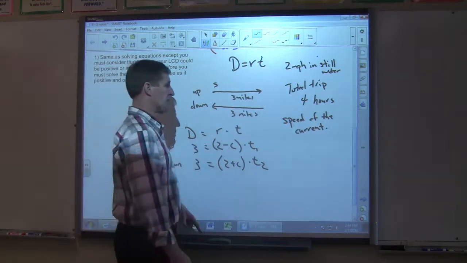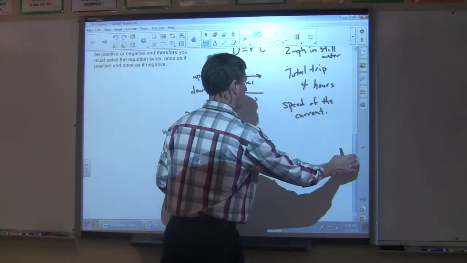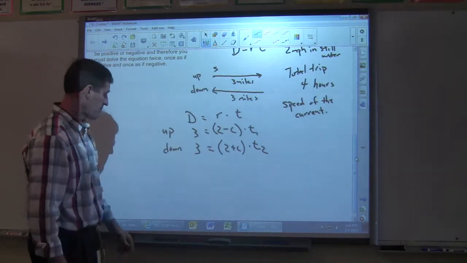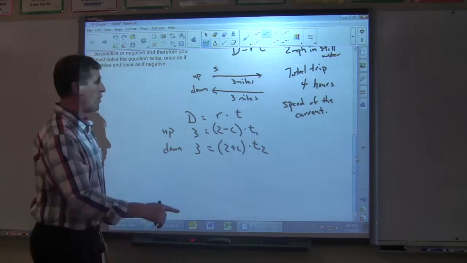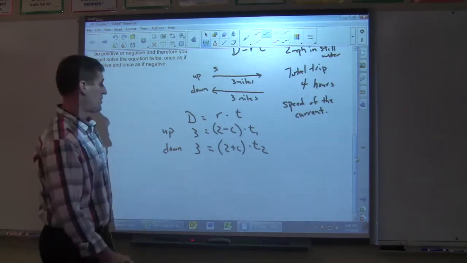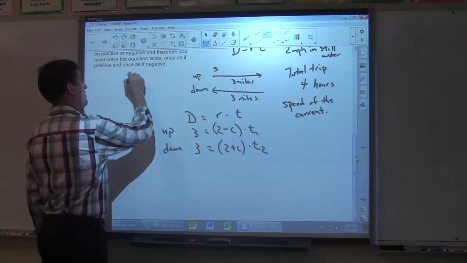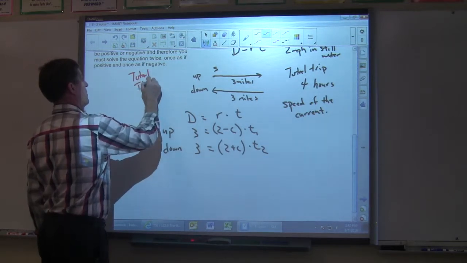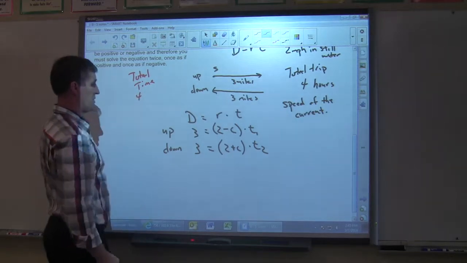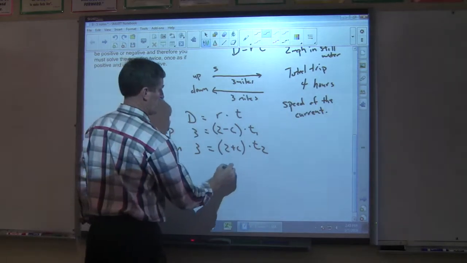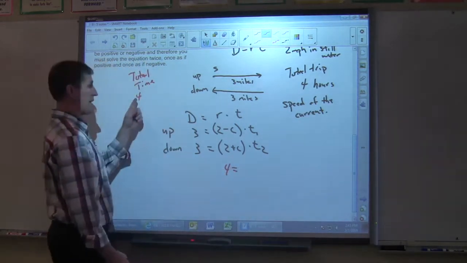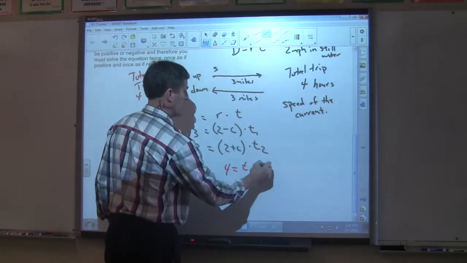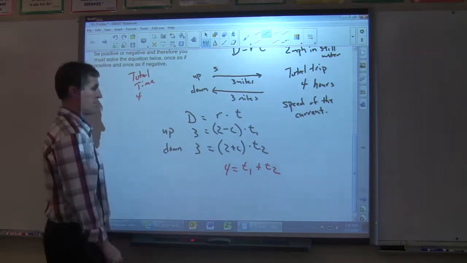So we have this information, but we have two variables, which cause us a problem. But we can look at the total trip. We know that the total trip time, remember, is 4 hours. Well, the way we get the 4 is we add up the time for trip 1 plus the time for trip 2.